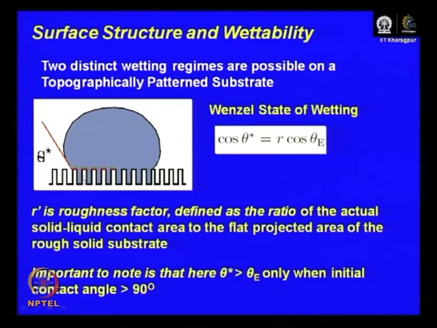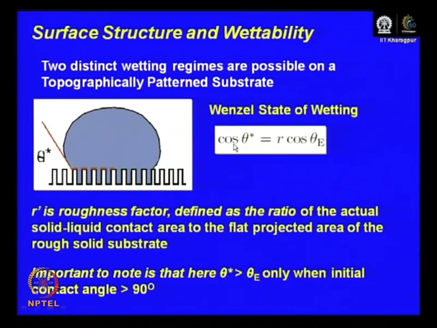Because of the topographic structures, the contact area has actually increased. These are the additional areas where there is contact. Had it been flat, this was the only area over which it was in contact. So, you can find that r is always going to be greater than 1.